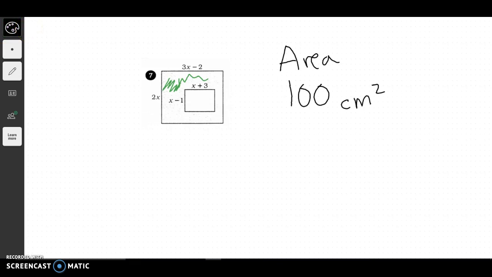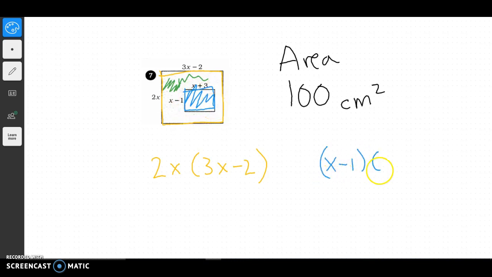Well, it would really be nice because I can find the area of the entire thing in yellow by doing 2x times 3x minus 2. And I can find the area of this blue inside part by doing x minus 1 times x plus 3.